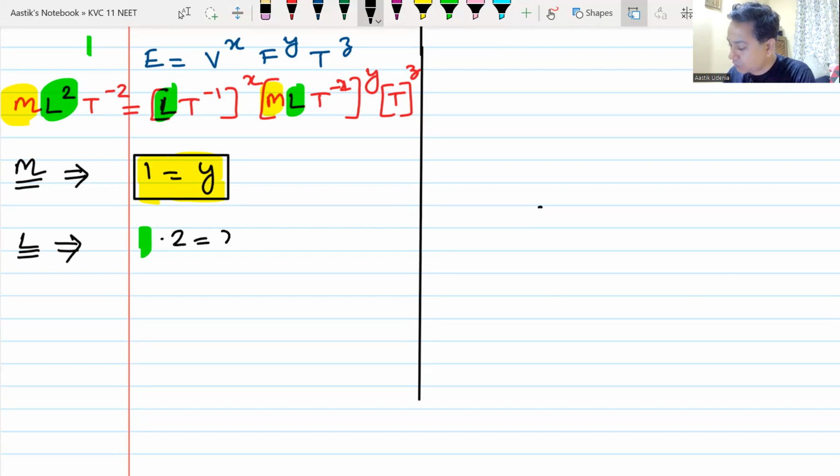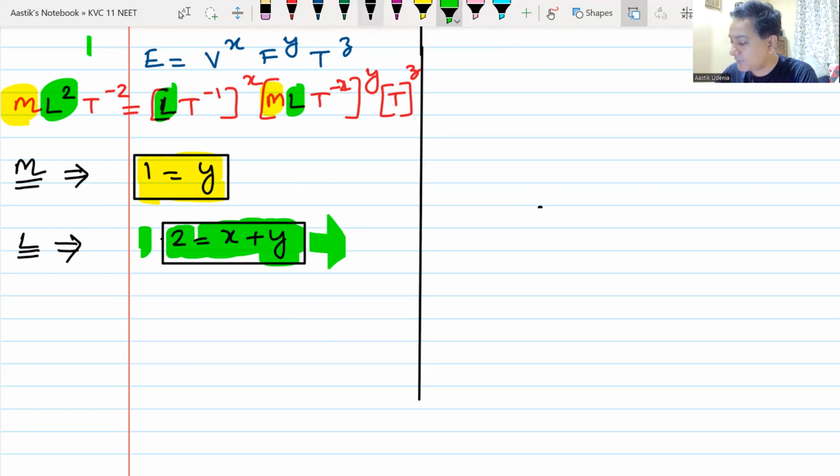That will be equal to X plus Y. This is very simple. You already know the value of Y, so you know the value of X. Yes or no? From here, you can get the value of X, my dear friends. And X will be coming as 1. Y and X are already known.